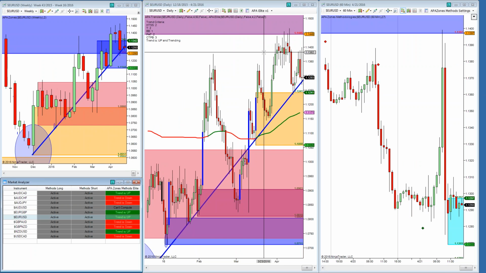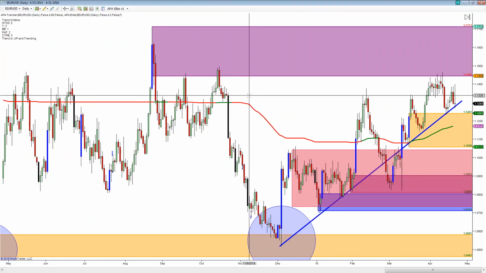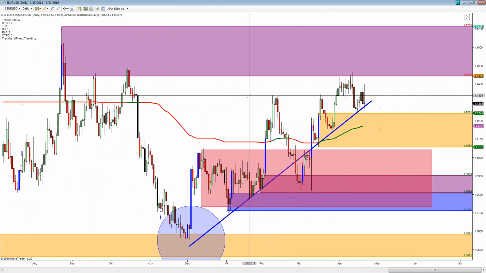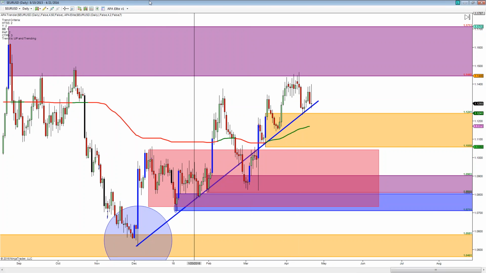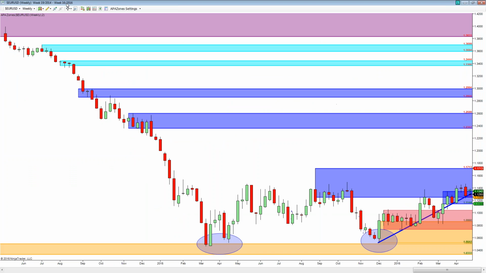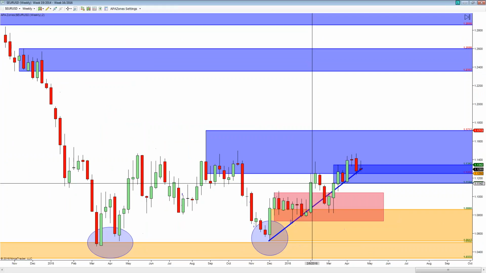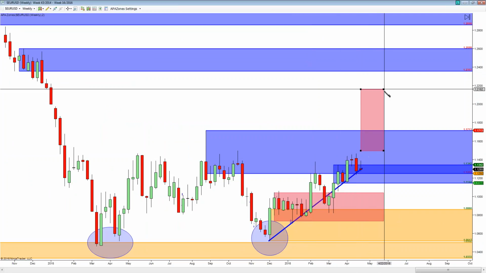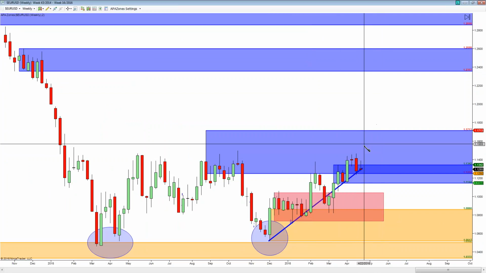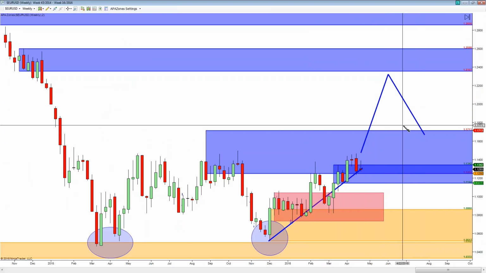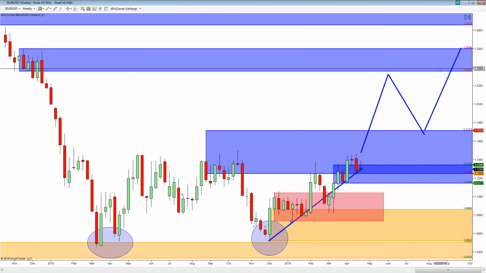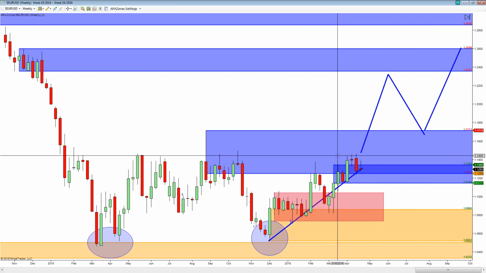All right, looking at the euro dollar. Euro dollar seems to be following this trend line that I drew in place. Actually, I guess I should start out on the weekly. On the weekly chart, we have a really big thing happening here to where price is looking to come up, and we're going to see how high it goes.